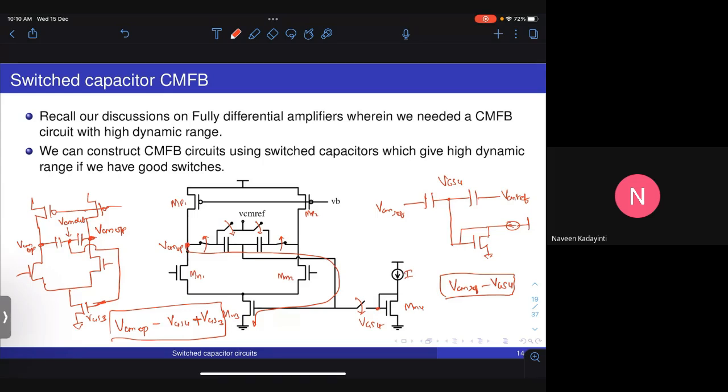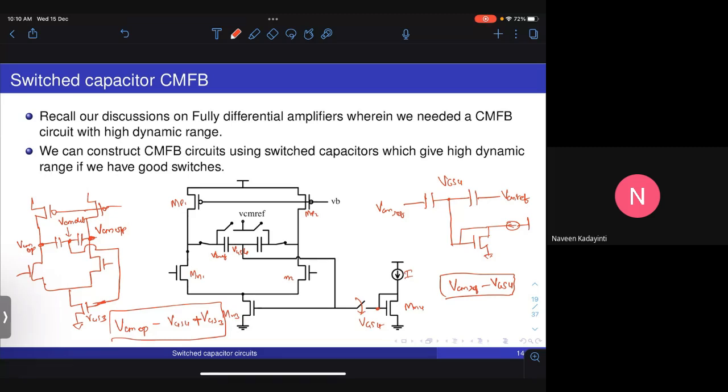Okay, let us see what happens when there is a small mismatch. If the output VCM was more than VCM ref, then this capacitor was charged to VCM ref at this node, and this node was at VGS4, before the switch.